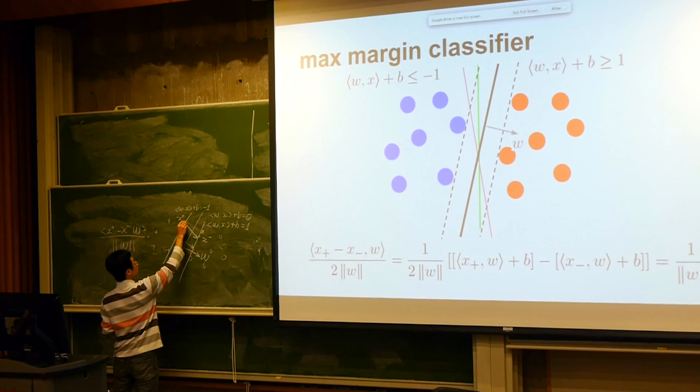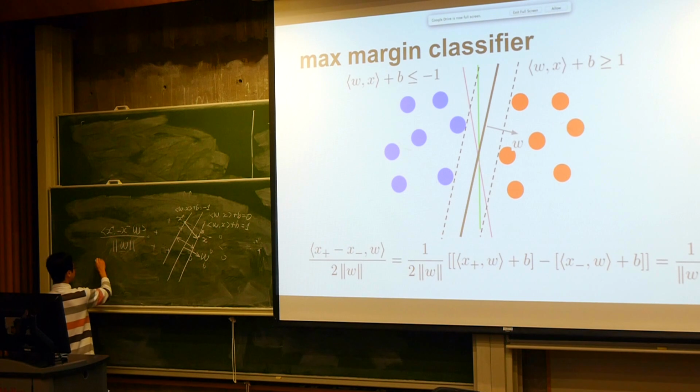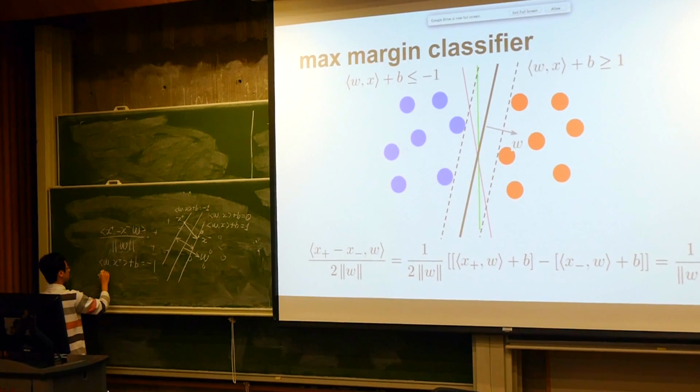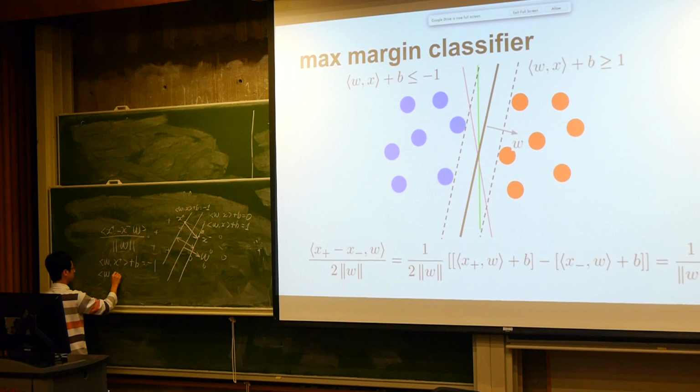Because this dot appears on this line, we have w x plus plus b equal to 1, and for the other, wx minus plus b equal to -1. Note that we have a minus here.